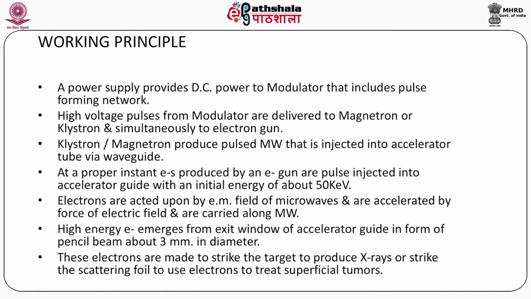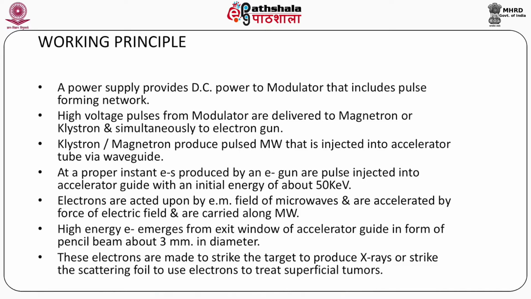Klystron and magnetron are the devices which produce megawatt power that is injected into the accelerator tube via the waveguide. These are the devices which increase the energy and is input into the waveguide.